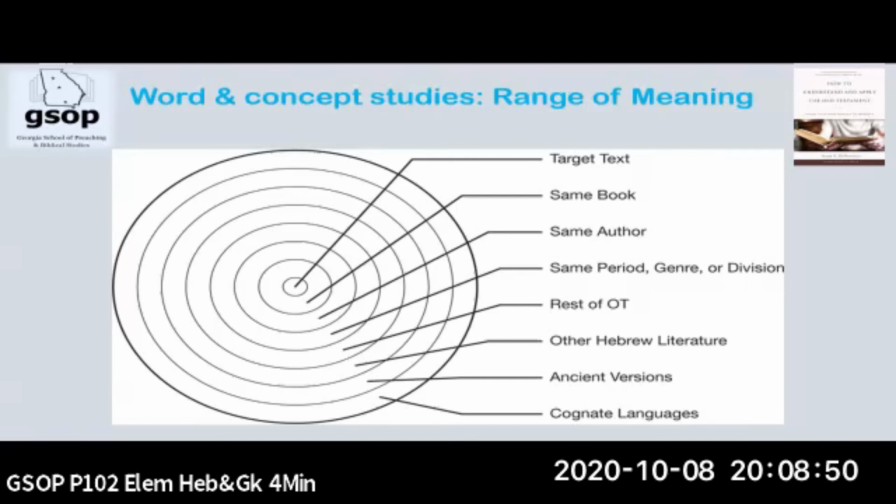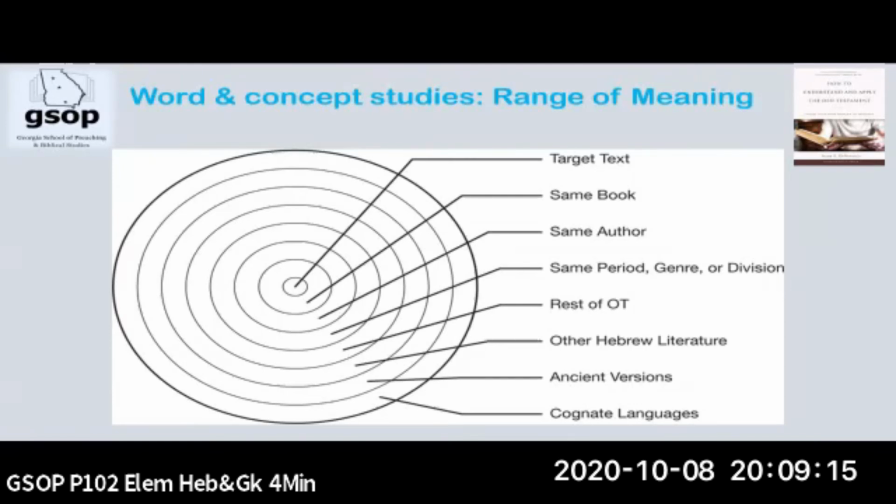In a lot of places in the Old Testament, they use Aramaic. A lot of it, they were speaking Aramaic then too. So anyway, cognate languages: if a word is only used one time in all of Scripture, and the only way you can really know its understanding is how it's used in other related languages, Semitic languages, cognate languages, you've got to be very careful with that because it's not the same language.